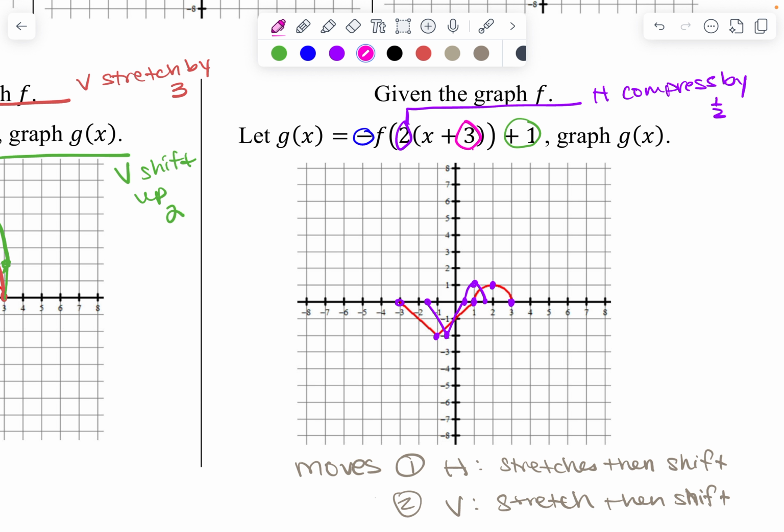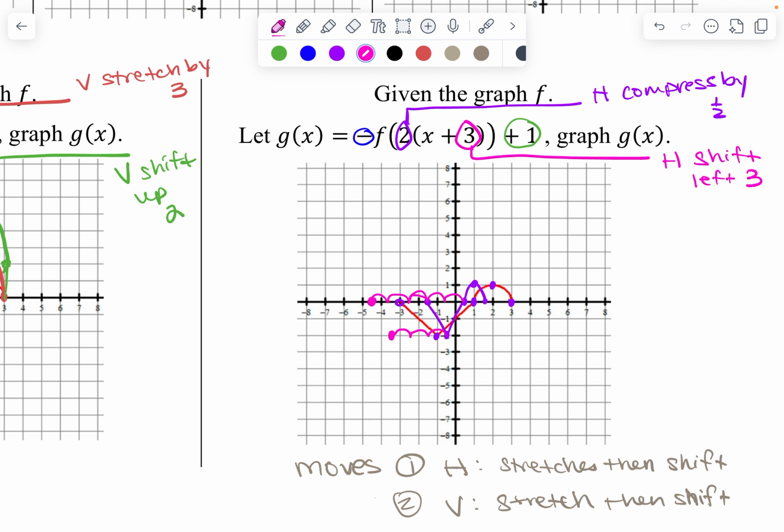Now I'm going to deal with this horizontal shift to the left 3, because remember, everything's funky, so a +3 is actually going to the left by 3. So all of those points are going to go over 1, 2, 3.